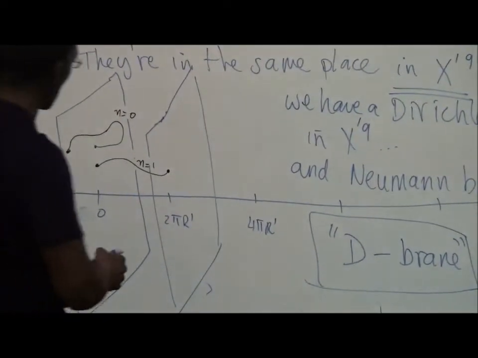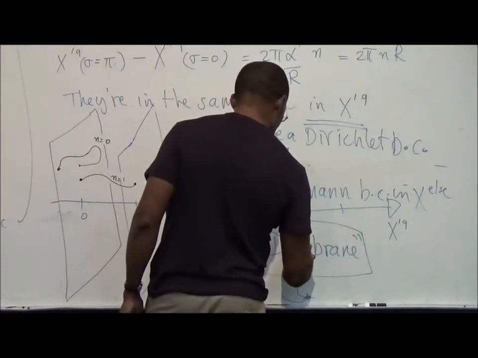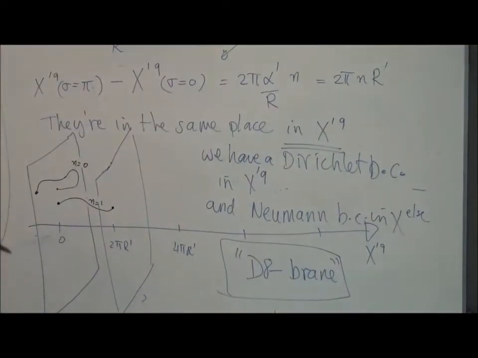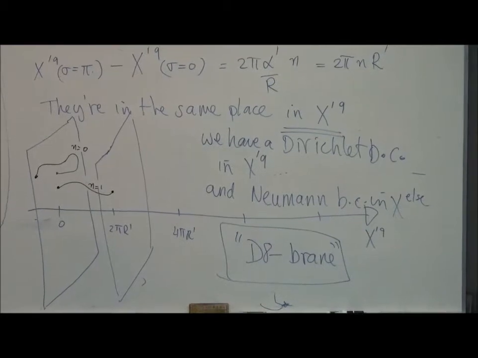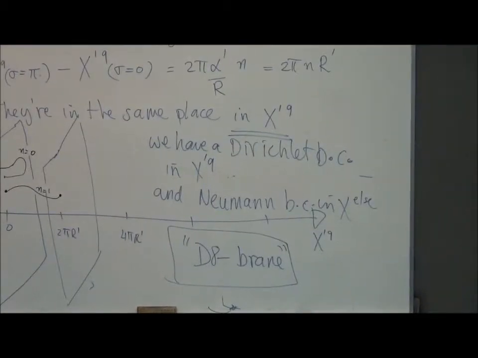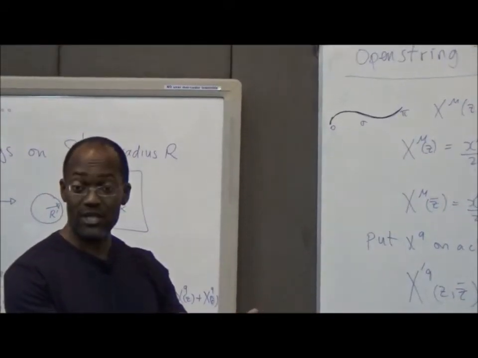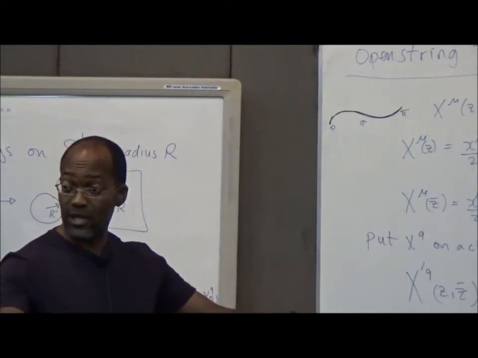In the language we've been using here, this is a D8-brane in the sense that there is one transverse spatial direction, one Dirichlet condition, or if you like, 8 Neumann conditions telling you what the world volume of that object is.